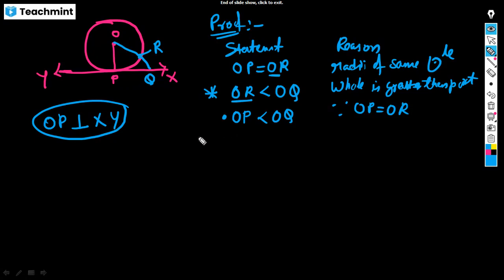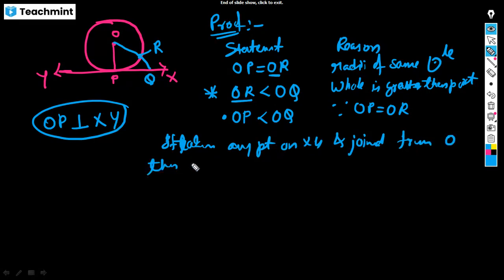If you take any point on XY and join from O, then what happens? Any line segment joined to the center is longer than OP. Shortest distance.